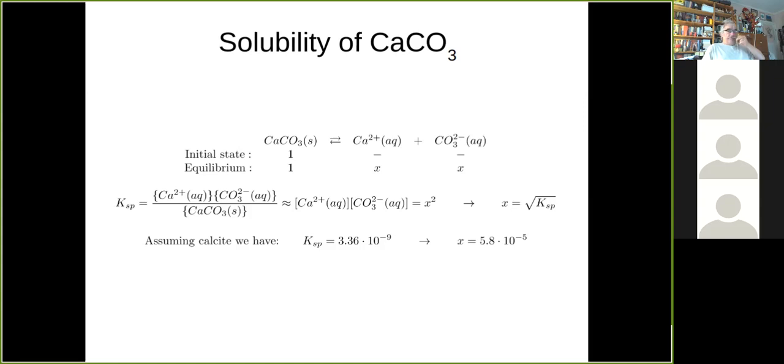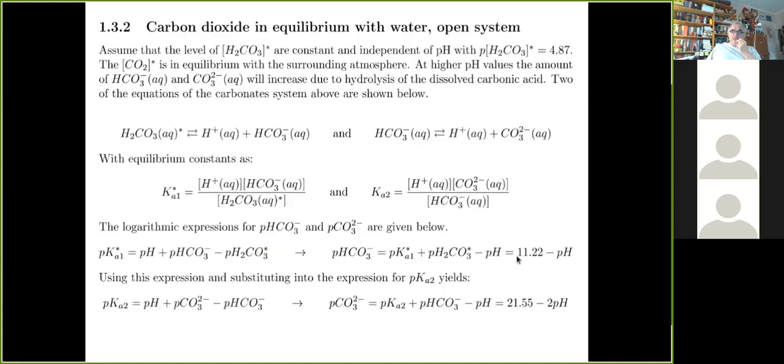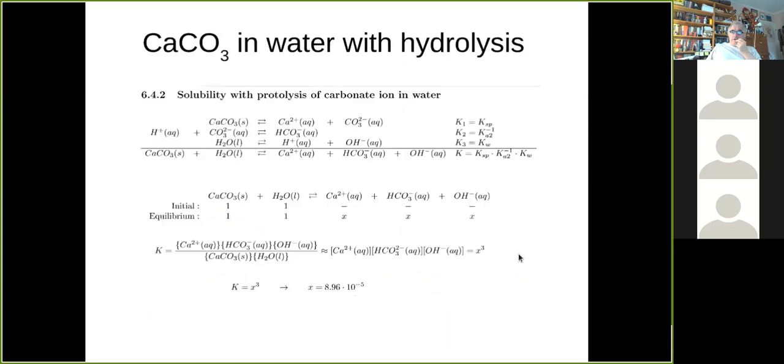This simplest of all calculations for the solubility of calcium carbonate does not take into account any other side reactions, but only taking into account the side reaction with water produces not a very much bigger result, but at least I mean 5 and nearly 9 here. It's not 50% more or something like that, maybe. Considerable amount.